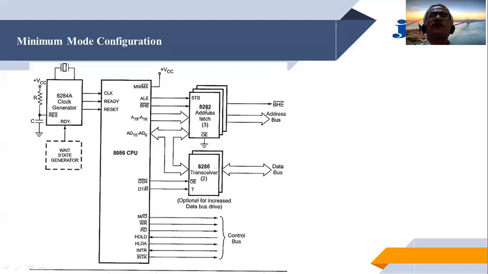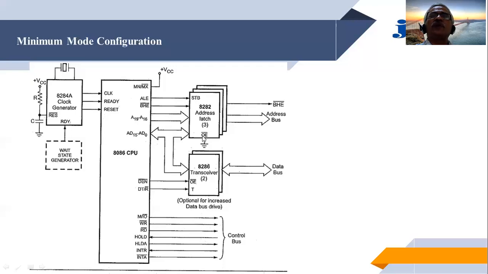The other chips are on the right. You have the 8282 address latches. And we know the purpose of the latch: it separates the address and the data lines, which are internally multiplexed within the 8086 microprocessor. How do you interface this 8282 with the 8086 microprocessor? We can see the basic signals.